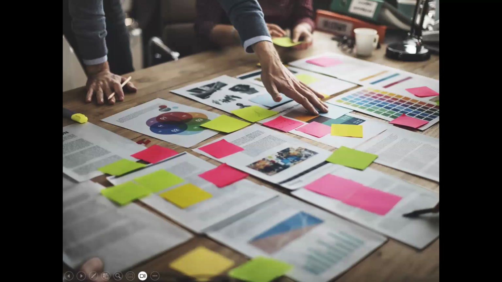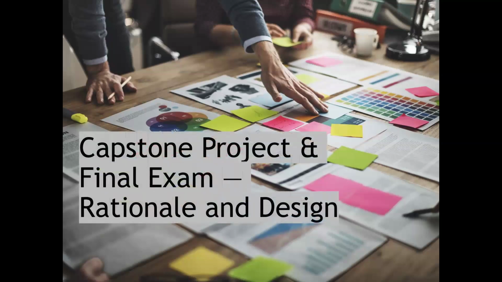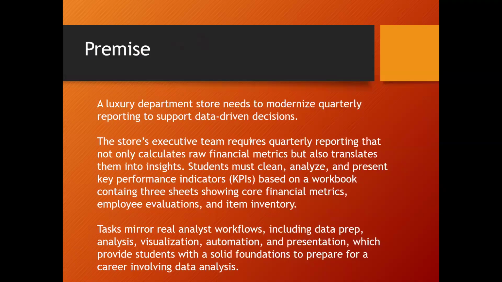So my tasks were centered on developing the project and the final exam for this Excel design course. This project centers around the fictional luxury goods seller called ABC Department Store. They wish to gain insights into their financial and human resource operations over the course of a quarter, which is 3 months.